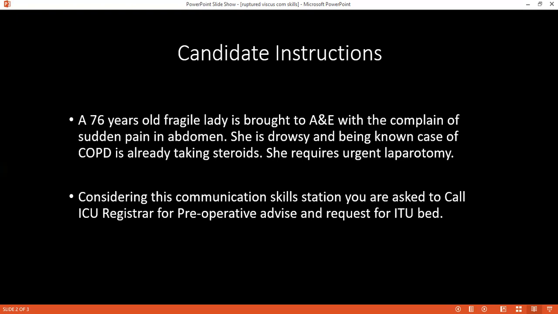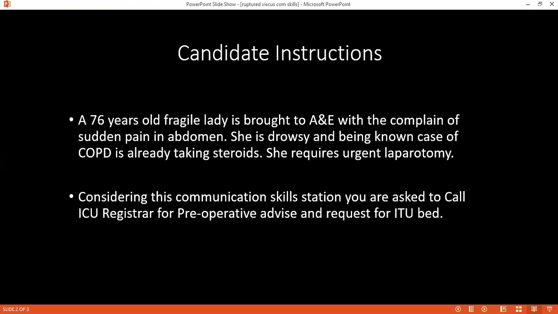Presently we cannot take her now. Okay, I will continue monitoring the patient until a bed is available. Thank you.